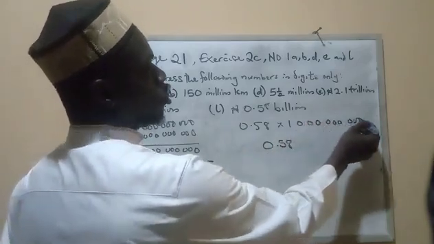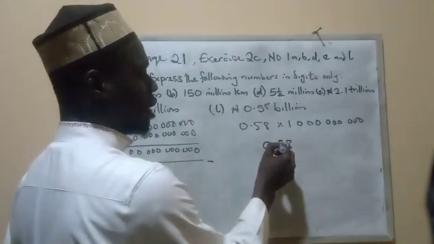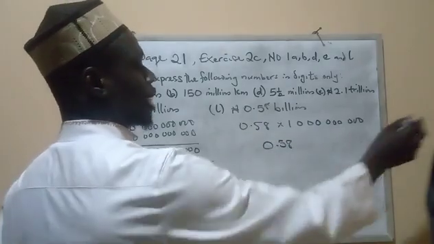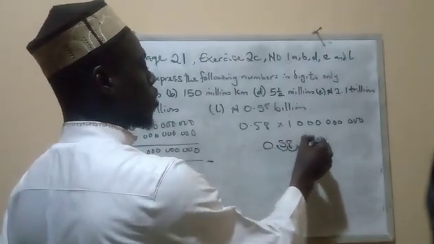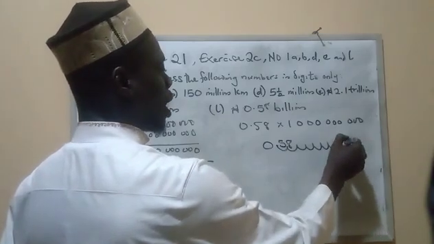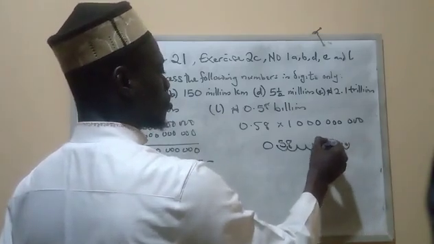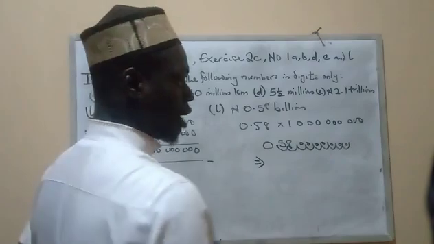How many zeros do we have here? We have 9 zeros. So we shift the point to the right 9 times: 1, 2, 3, 4, 5, 6, 7, 8, 9. So we now add zeros to them and begin to write it in threes, as we have said.